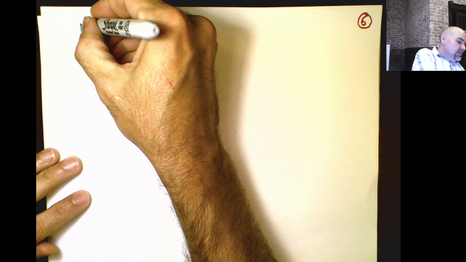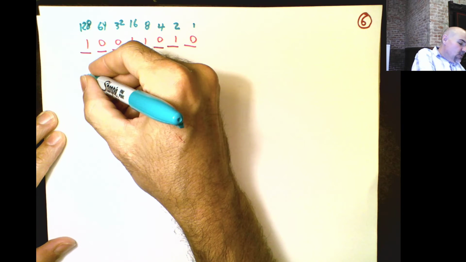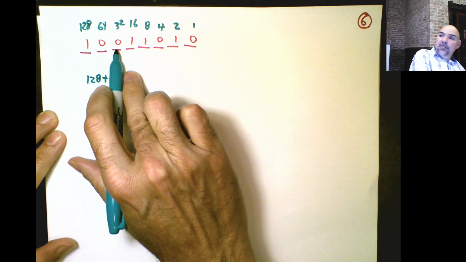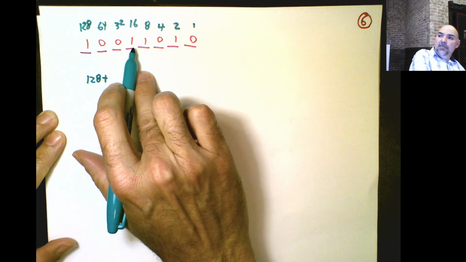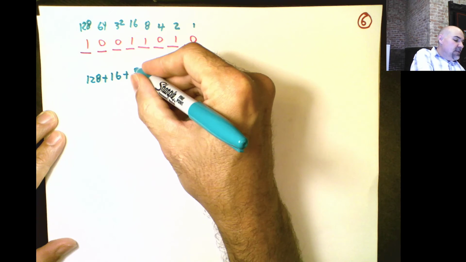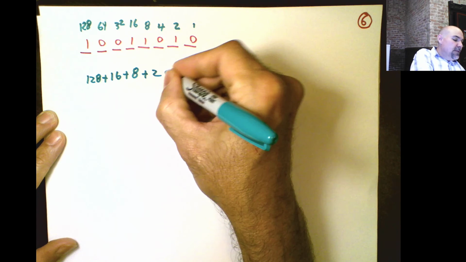Now, we just need to add up the ones where there's a 1. So this is 128 plus no 64s and no 32s, but a 16, plus a single 8, plus no 4s but a 2, and then no 1s.